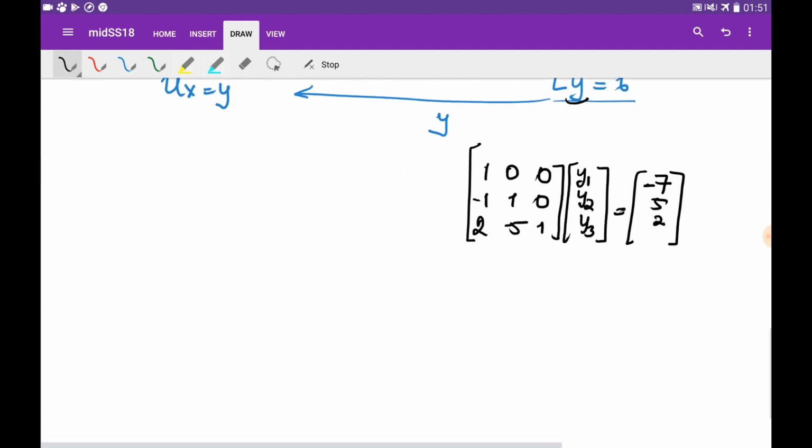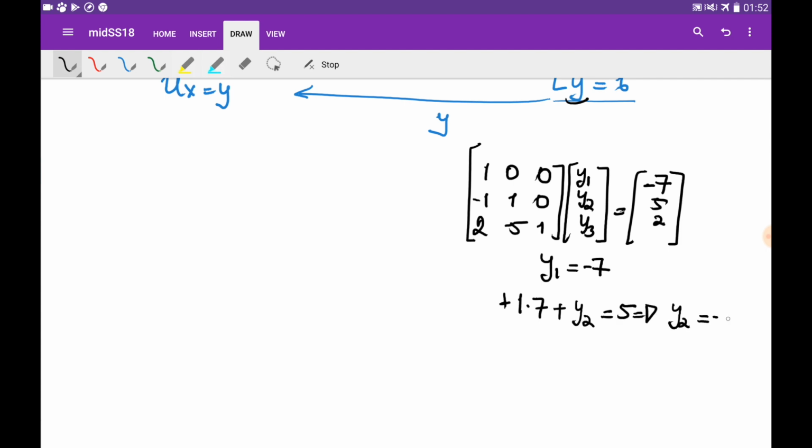We can obtain the solution by doing forward substitution. So y1 is equal to -7. Now we substitute y1 into the second equation: -1 multiplied by y1, which is -7, plus 1 multiplied by y2 is equal to 5. From here we obtain that y2 is equal to -2.